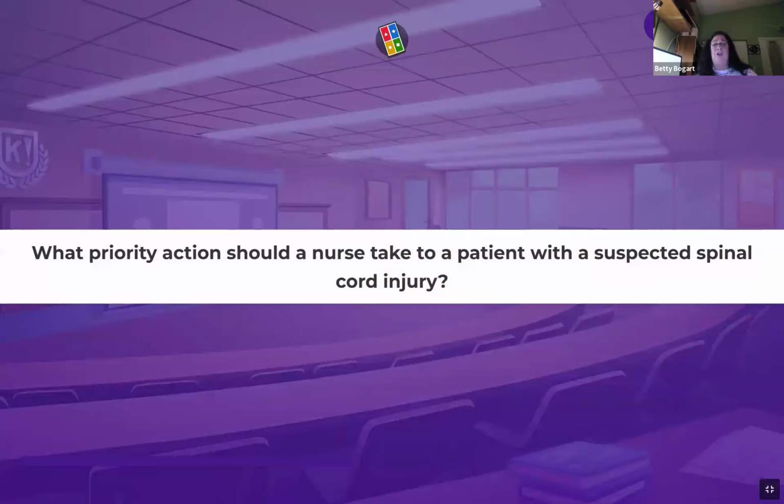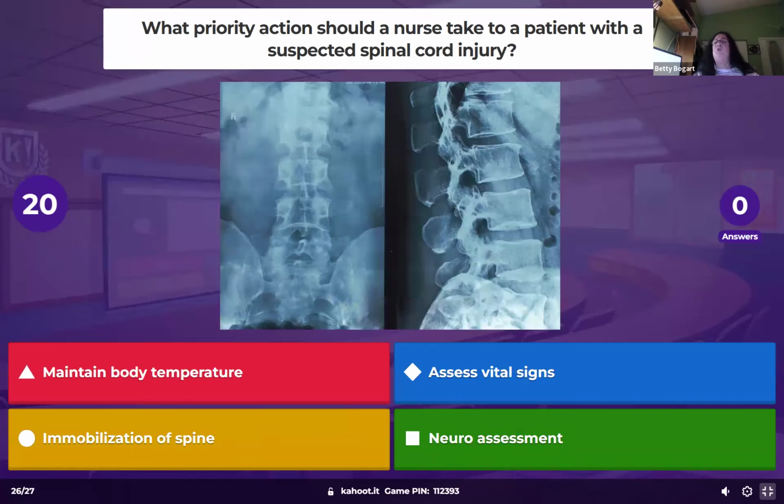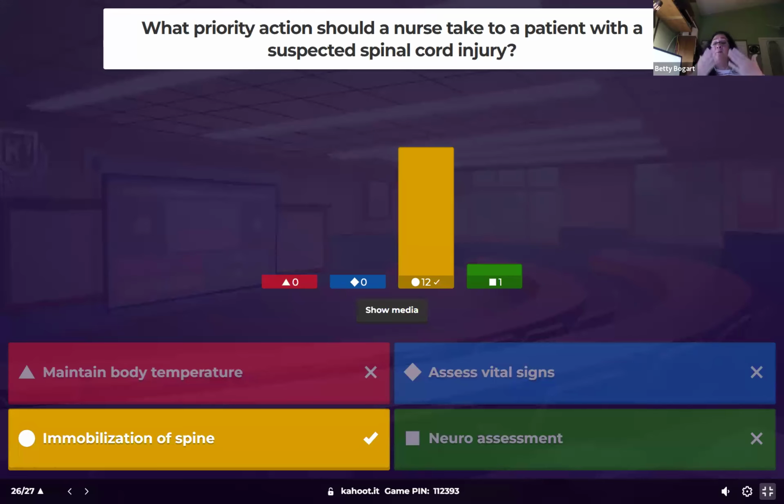What priority action should a nurse take for a patient with suspected spinal cord injury? What's your priority? So again, with spinal cord injury, you don't want paralysis on them. So immobilization, keep that spine really straight because you could paralyze them.